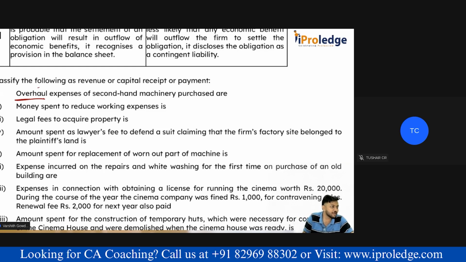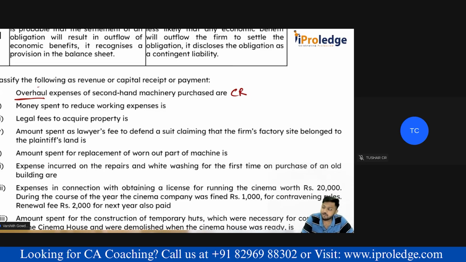Tell me, is it capex or revenue? Why? They are telling overhaul expenses of second-hand machinery purchased. That means, don't you think it will come under the last thing that we read? All the expenses which are necessary to make it ready to use. Correct? So it's a capital expenditure.